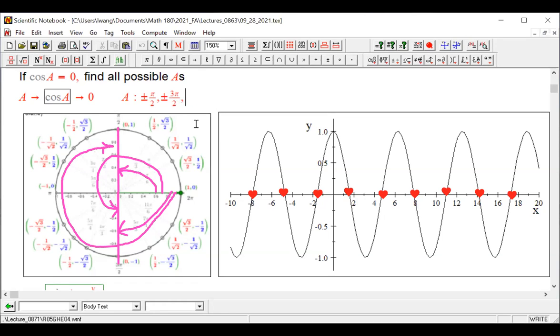And continue, what else do we got? Plus minus 5 pi over 2. What will be the next one if you keep on going?